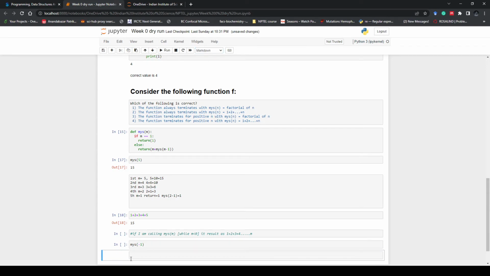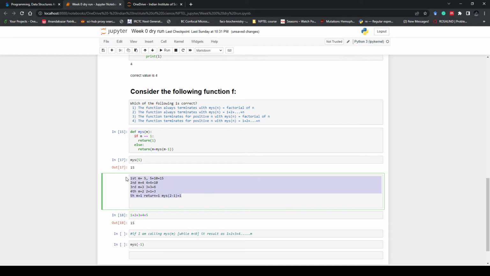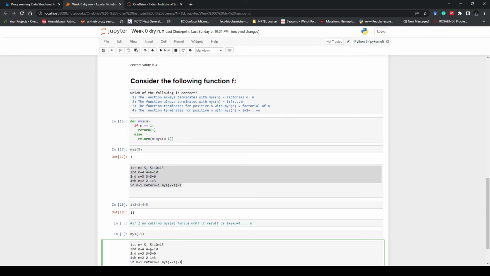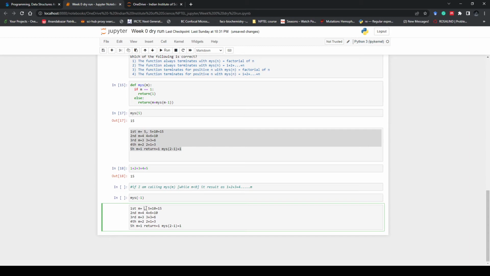Because when I'm calling the first time, m is equal to -1, so that will call mys of -1, and that will be -1 plus mys of -1, that is -2.